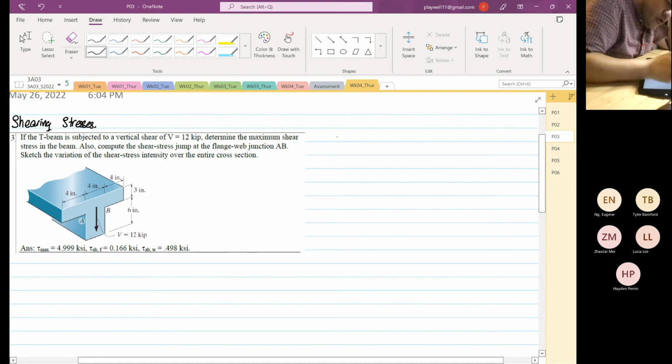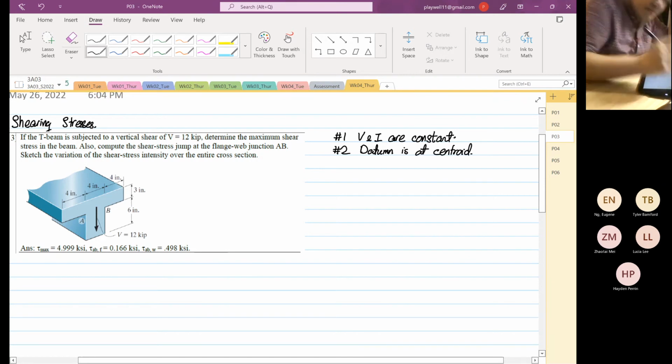So number one, V and I are constant. Number two, datum is at the centroid, right?